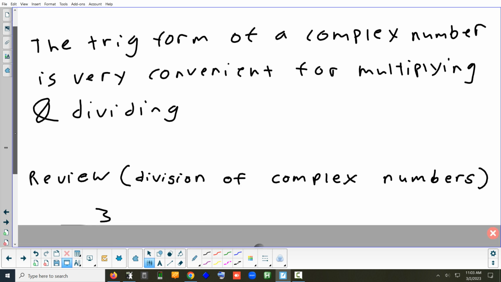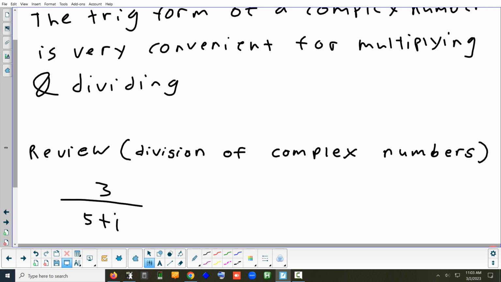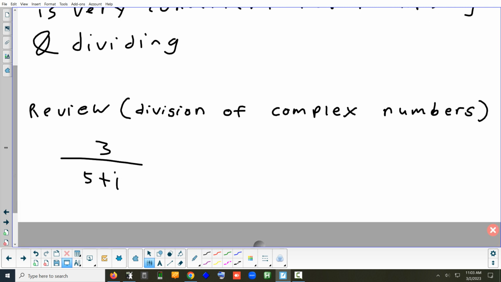If you were going to do division the old way, okay, I'll quickly go through an example. This is not trig form, this is standard. But does anybody remember what you'd have to multiply top and bottom by? The conjugate. Now what's nice is the top doesn't have a real part, and it doesn't have an imaginary.